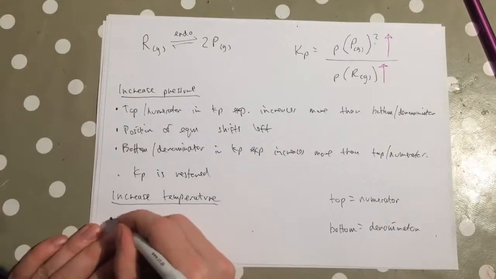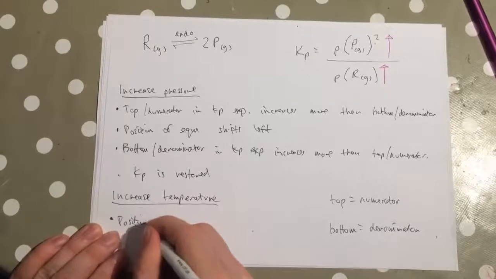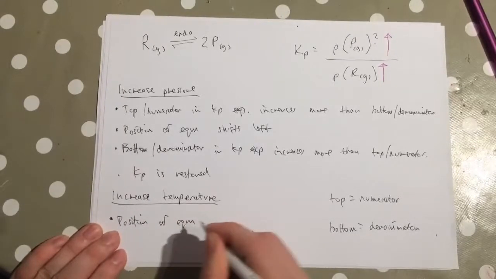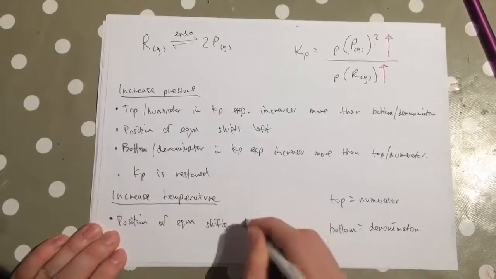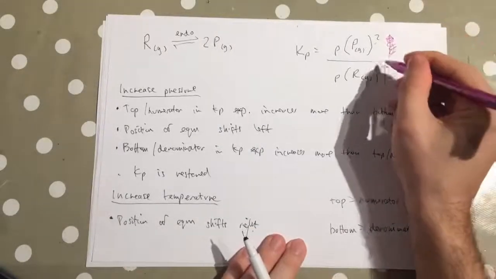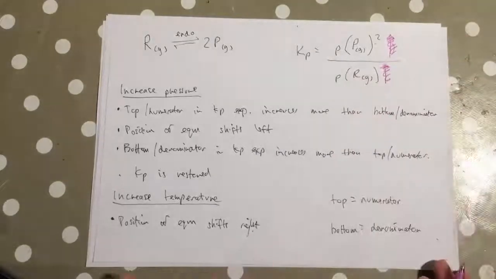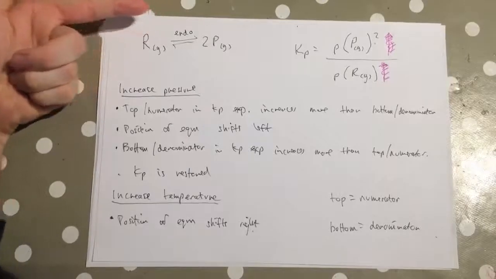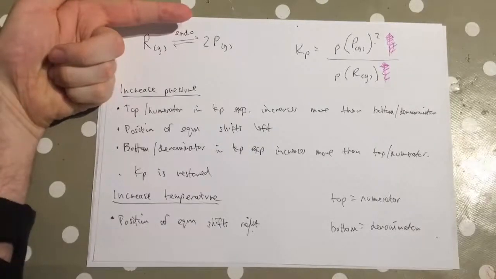So in my example, the position of equilibrium shifts right. Now let me just get rid of these arrows from before, so they're not there anymore. Now, if the position of equilibrium shifts to the right, then overall your reactants are going to be changing into products.